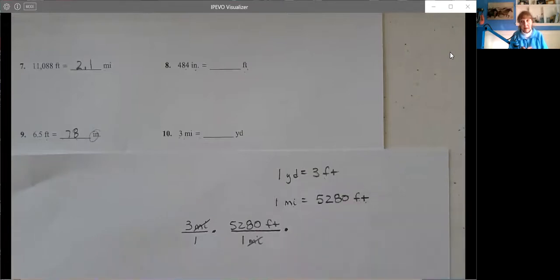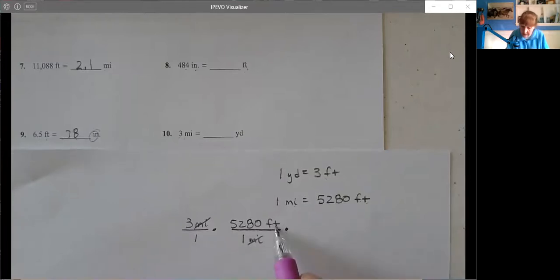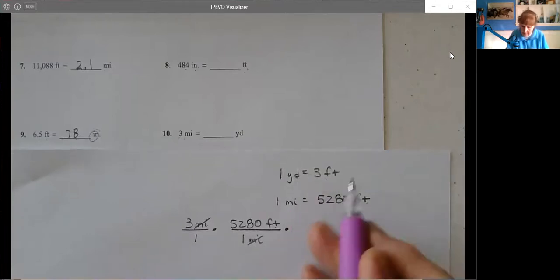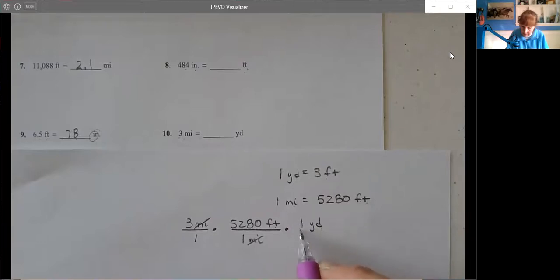We'll multiply by another number 1. You can multiply anything by the number 1. It's not going to change its value. I want to get rid of the feet and I want yards in my answer. So I'm going to put the yards in the numerator and the feet in the denominator, and they cancel out. So you're left with your yards.